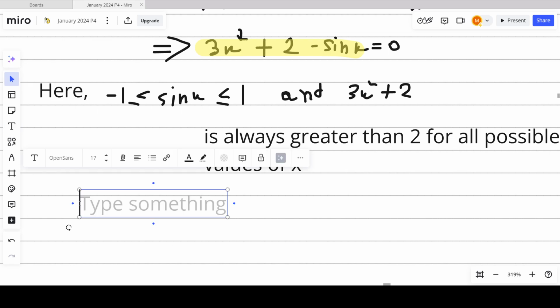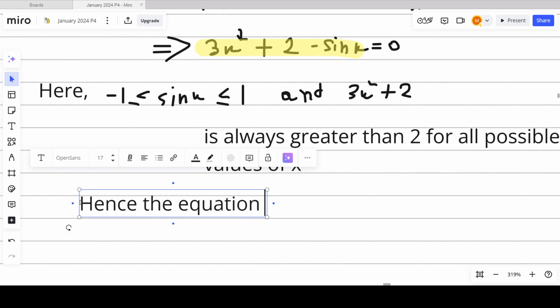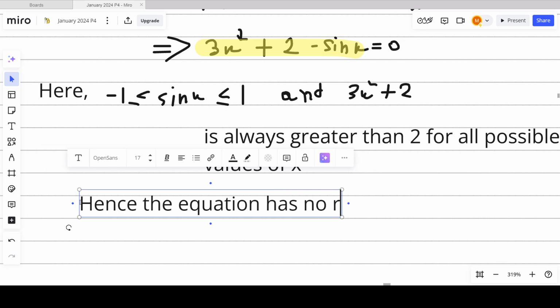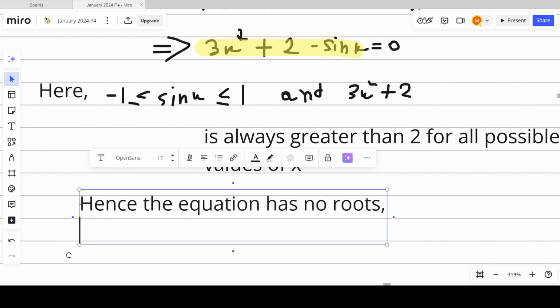Hence the equation has no roots. Fine. So it contradicts our assumption.